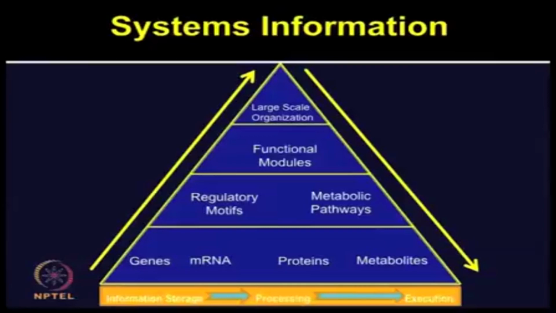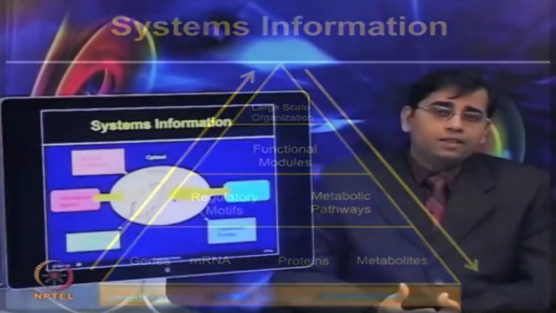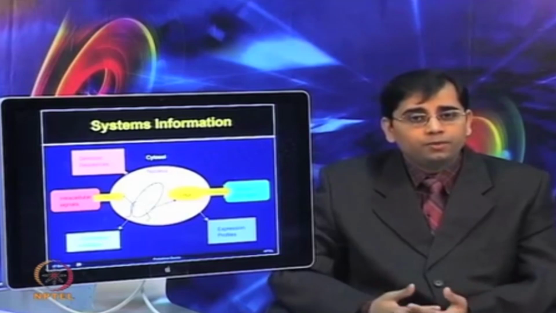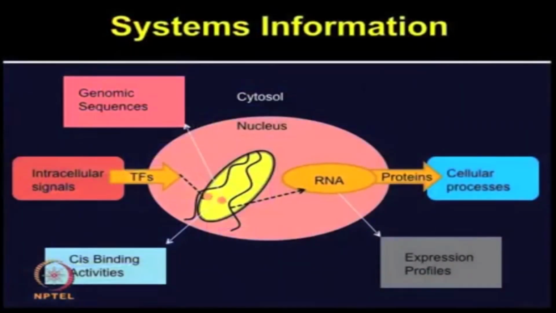This information has to be stored, processed and further executed to identify the system level information. Even the simplest system such as a cell can be linked with various properties: its genome sequences of different molecules, intracellular signals, transcription factors, different types of cis binding activities, the expression profiling of RNA and proteins, and different types of cellular processes.